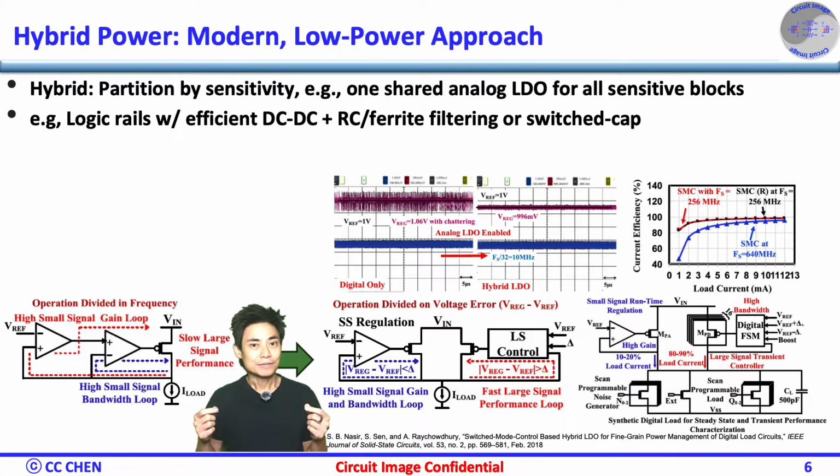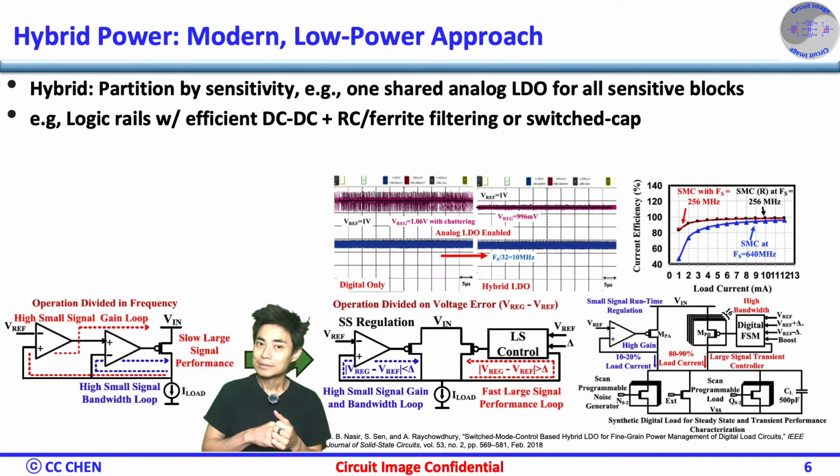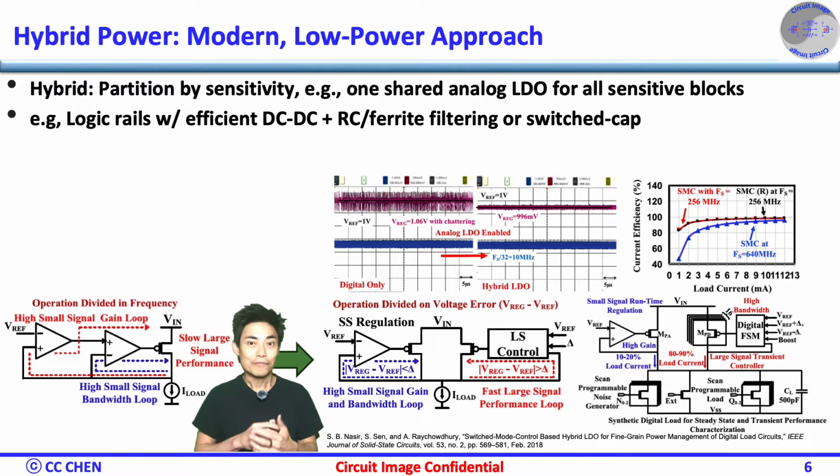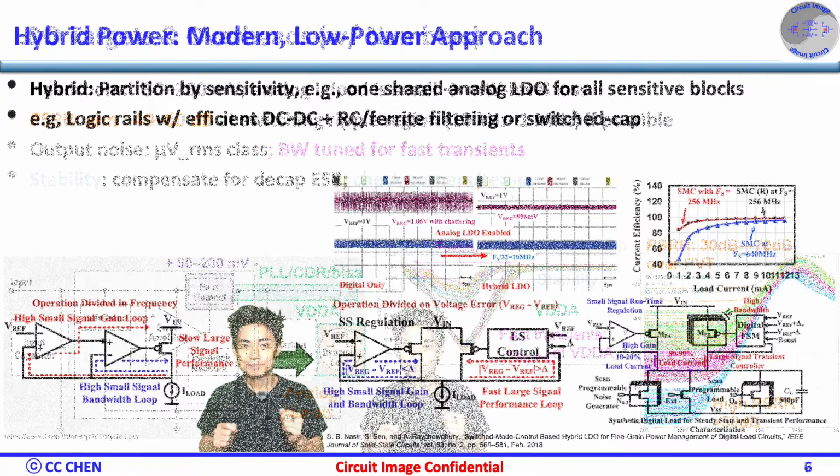The less sensitive logic rails are then powered by more efficient solutions, like simple RC filters or switched-capacitor converters. This strategy, combined with careful ball and package core design for clean ground paths, gives us the best of both worlds: high performance where it matters and high efficiency everywhere else.